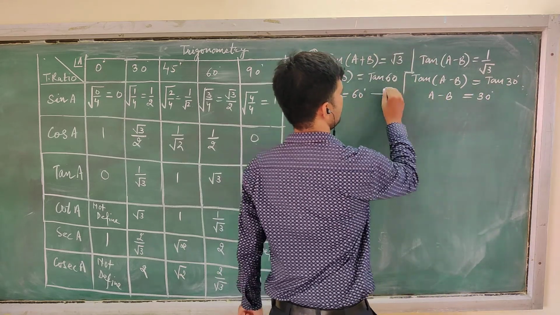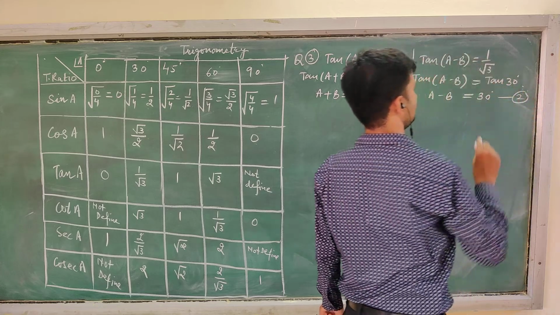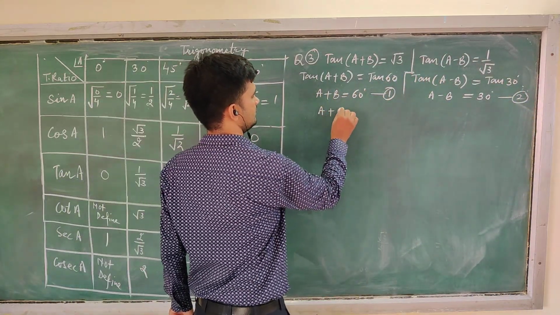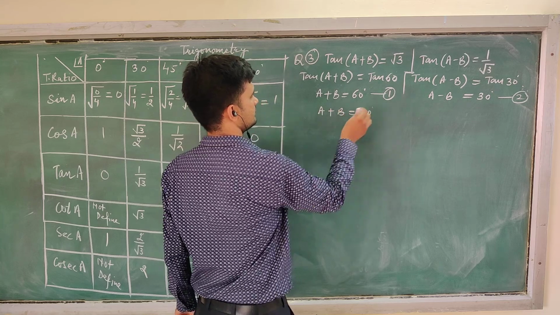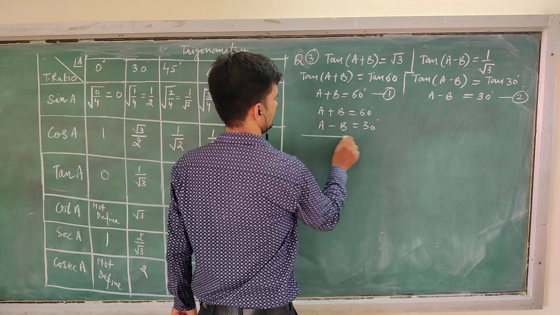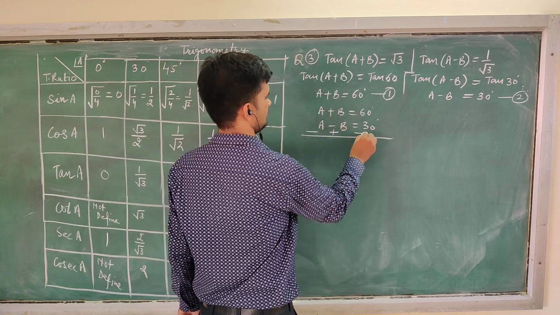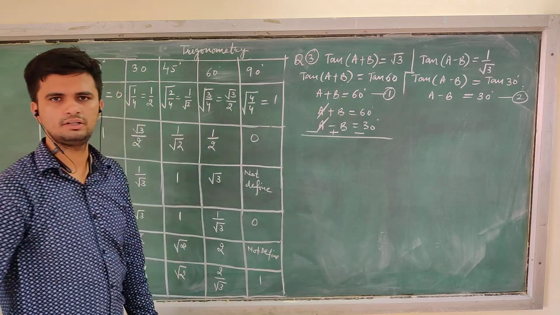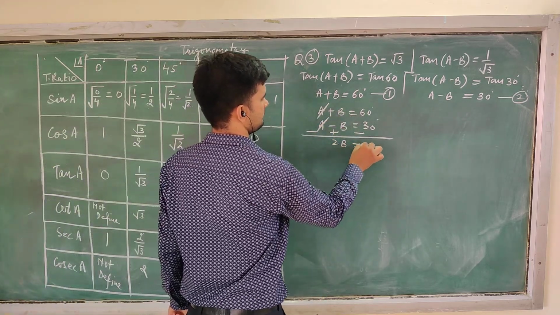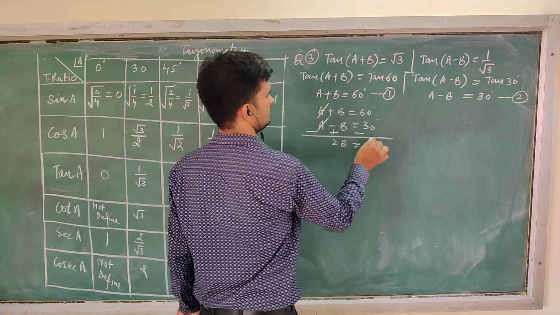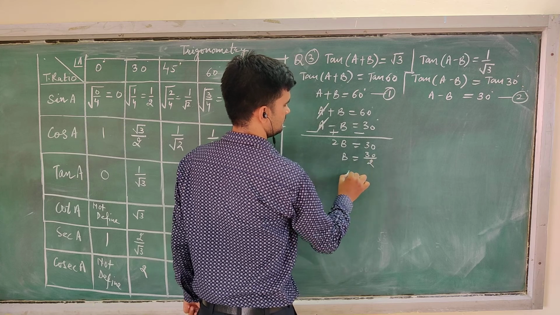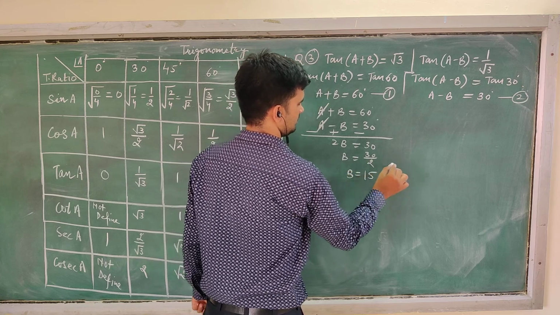Now we have two linear equations, right? Then subtracting 2 from 1: A plus B is equal to 60 degree, A minus B is equal to 30 degree. Positive negative cancel. B plus B, it is 2B. 60 minus 30, 30. B is equal to 30 by 2. It is 15.